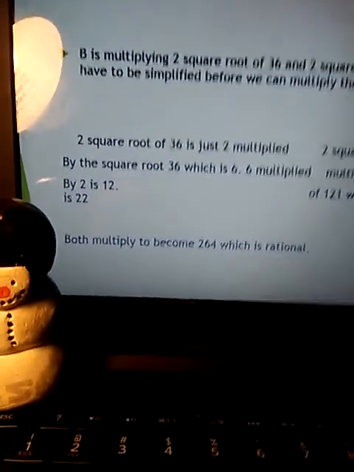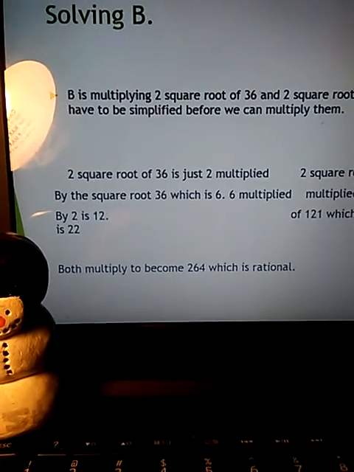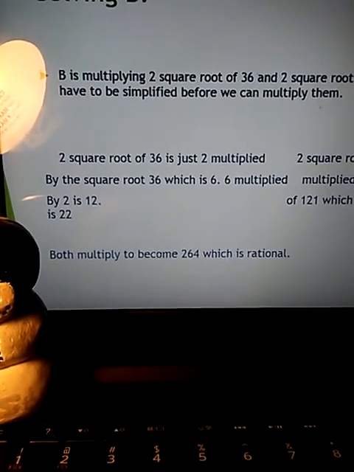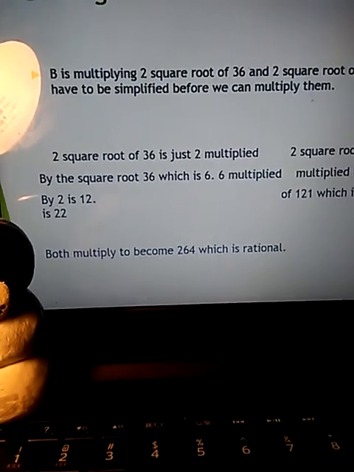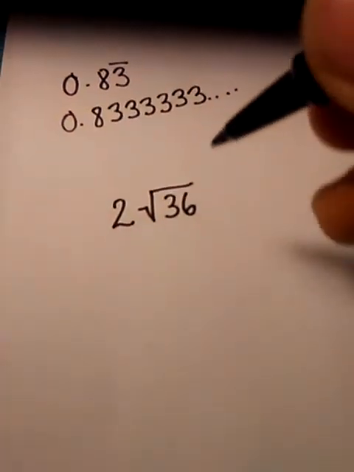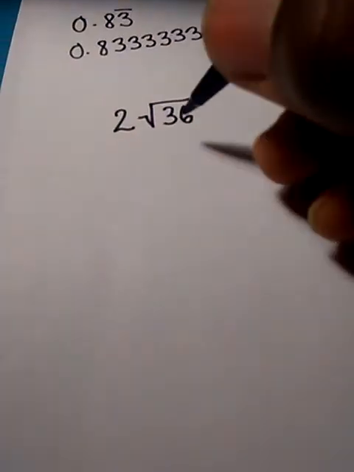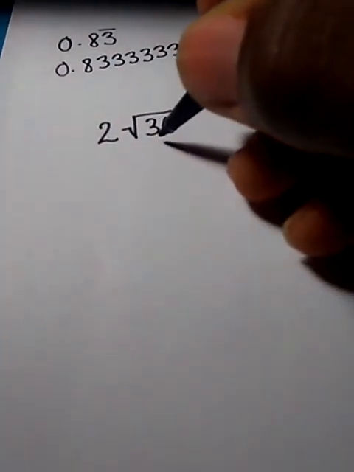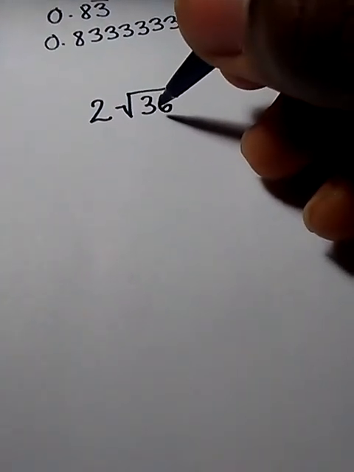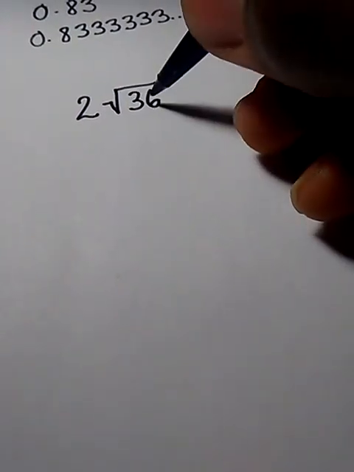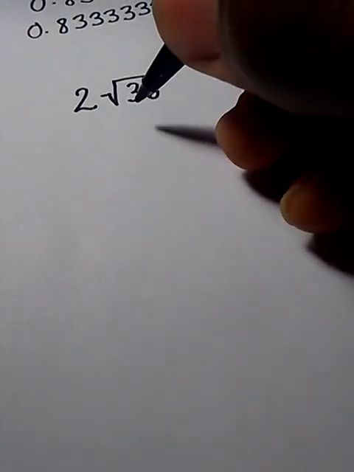Now, starting with 2 square root of 36. Basically what we have to do is discover which number multiplied by itself gives 36.